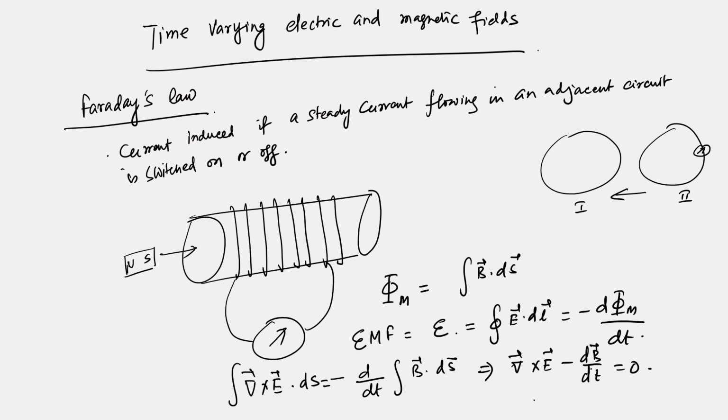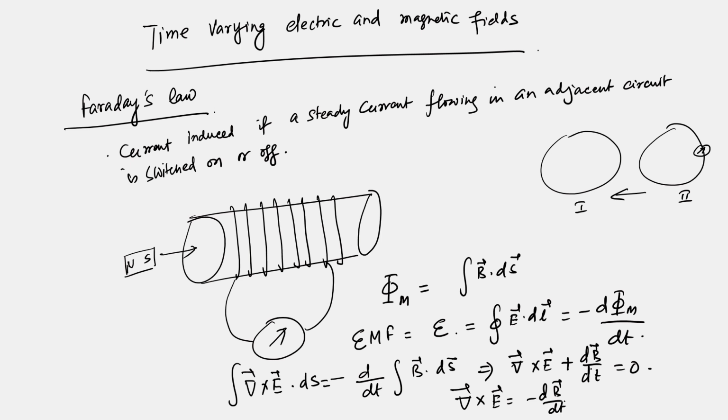So, curl E is equal to minus del B del t. Sorry, there will be a plus sign here, and so curl of E is nothing but minus del B del t.